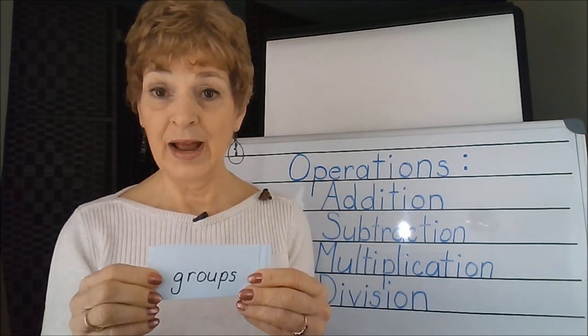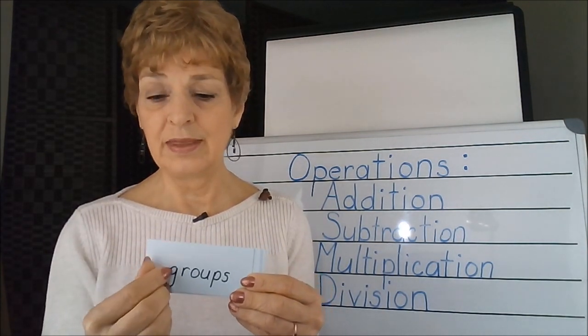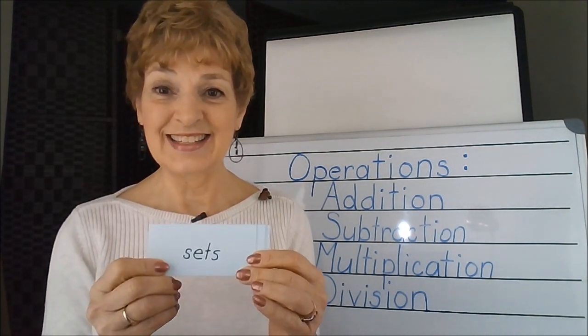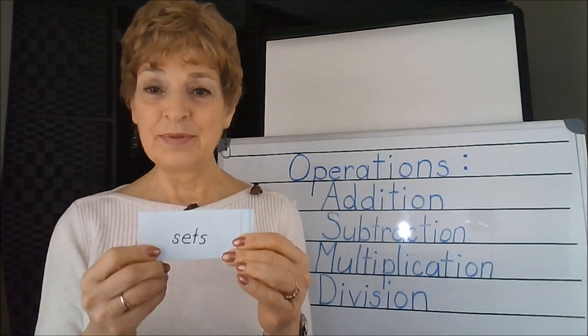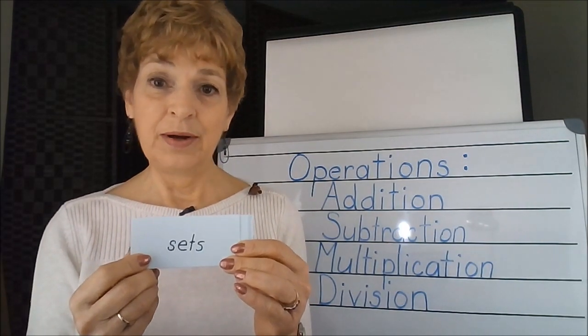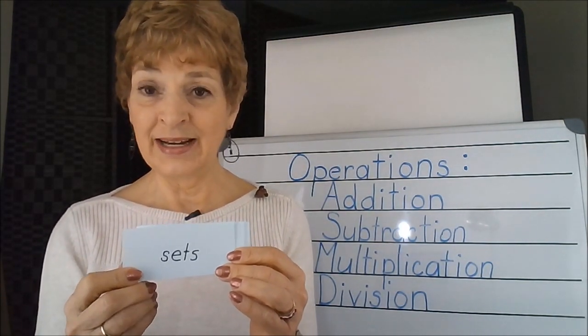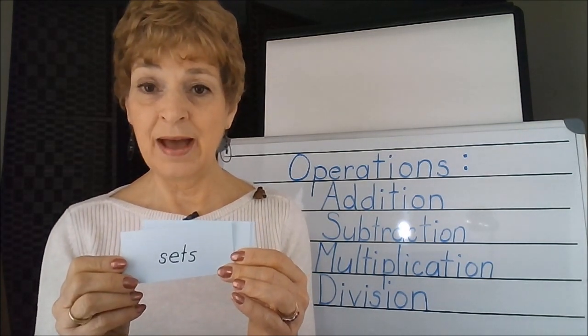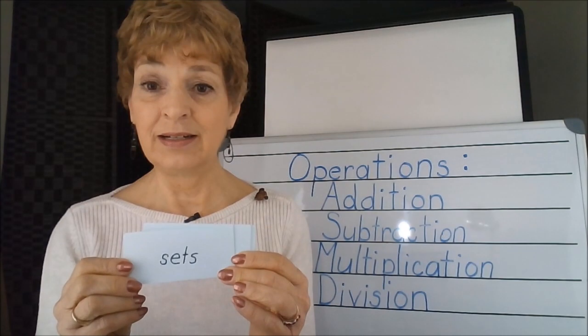So you would have groups of keychains with all of them having the same number of keys on them. Sets. Perhaps you have a set of dishes and each place setting has 2 plates to it. How many plates would you have if you had a setting for 8?